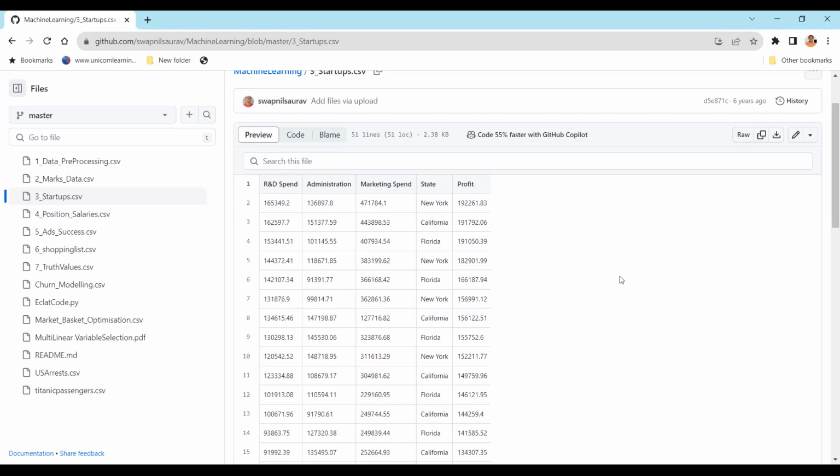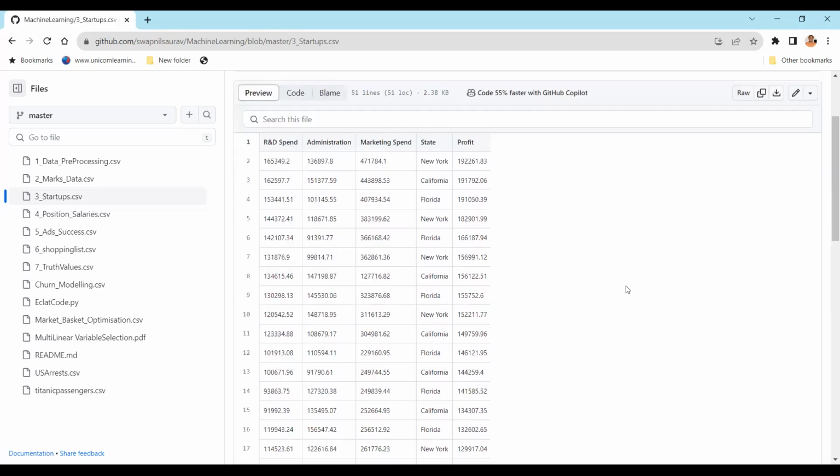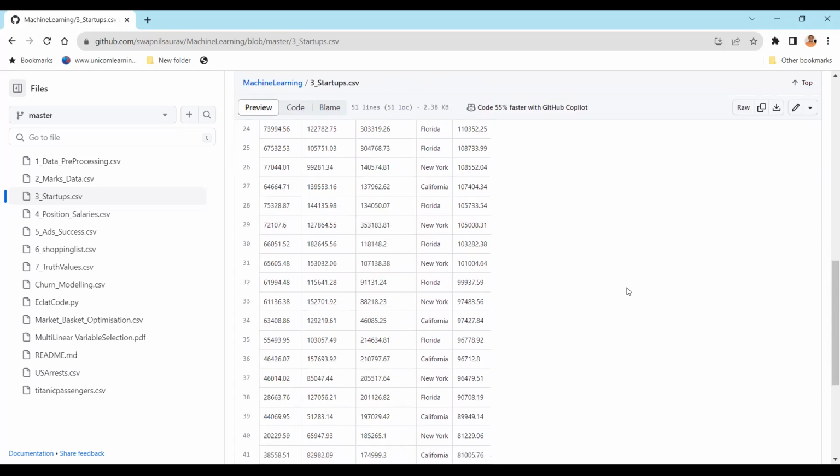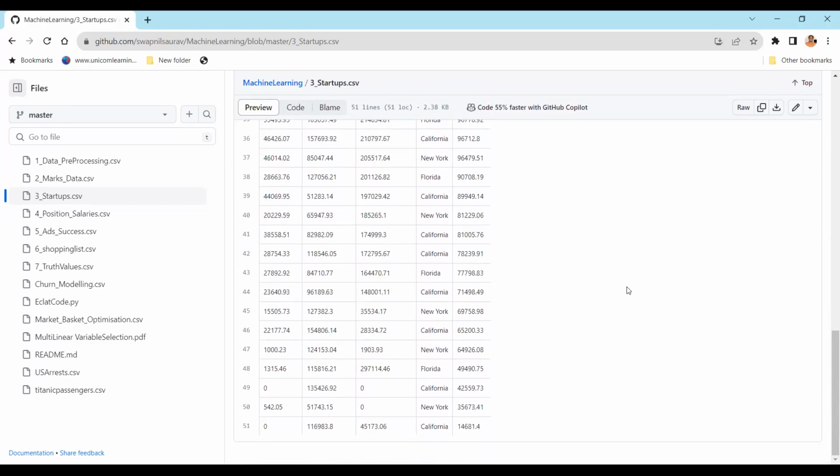You should be fast enough to talk about these things. Are any missing values there? No. There is no missing value here. So we will directly do encoding and column transformation.